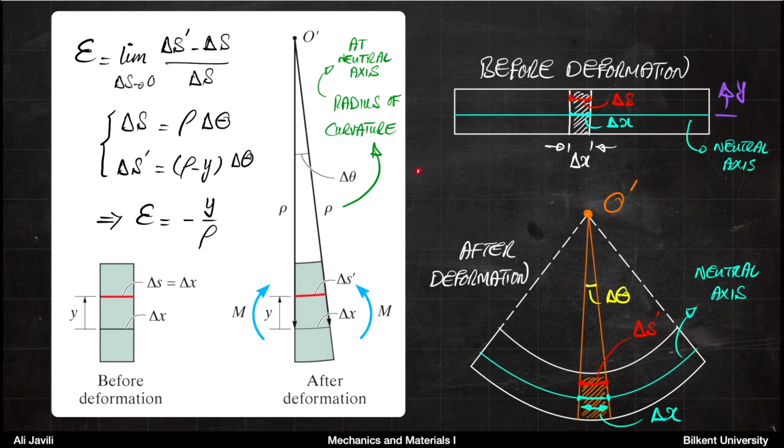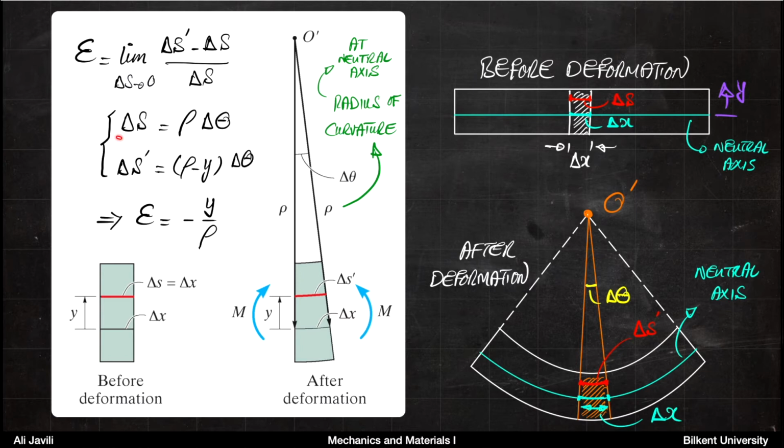So strain is change of length divided by length. In this case, if I want to calculate the strain for the red line here, it would be delta S prime minus delta S, that would be the change of length, divided by delta S, which is the original length, when delta S goes to 0.